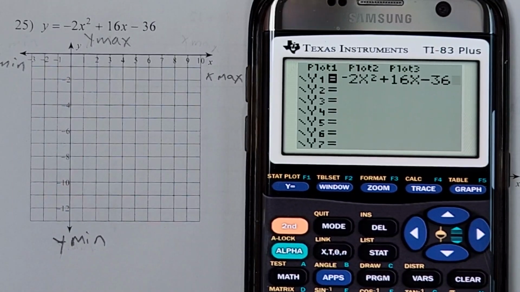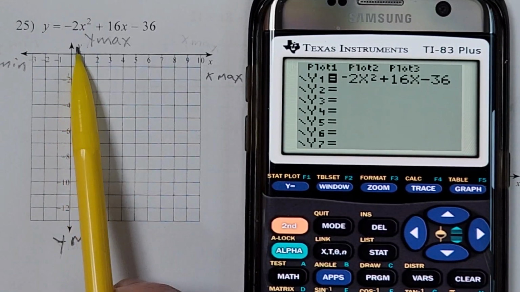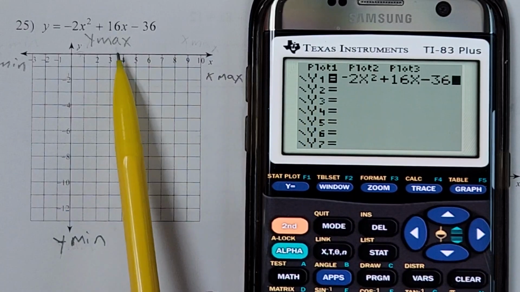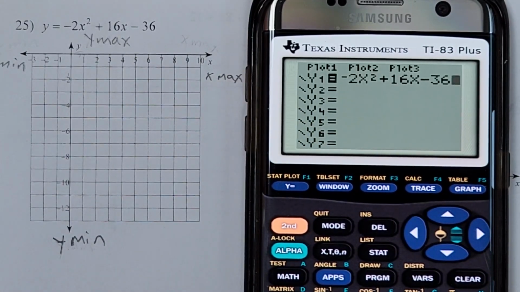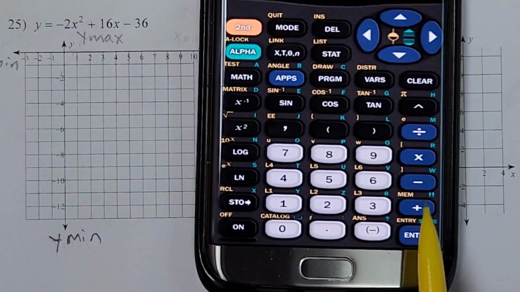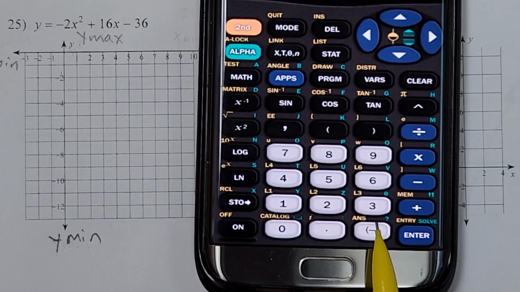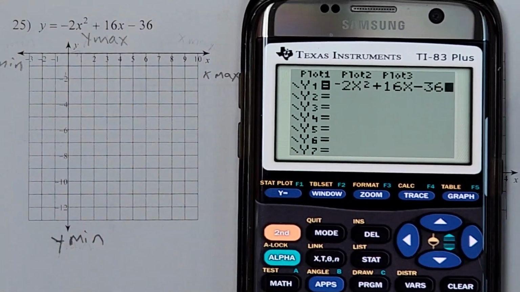And now we should be able to see something when we hit trace. So let's double check: -2x squared plus 16x minus 36. And remember, negative goes at the beginning, minus goes in the middle. Negative beginning, minus middle.